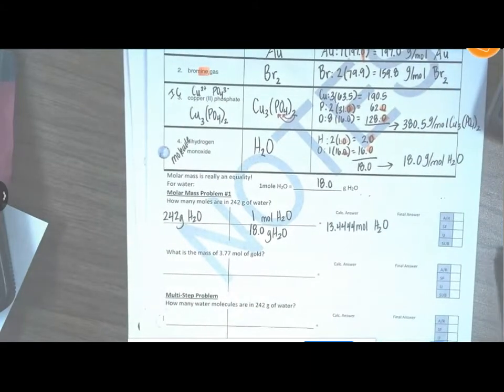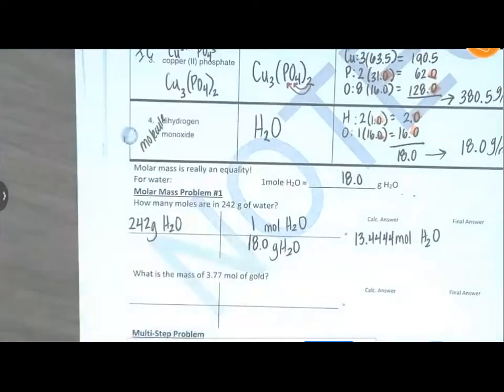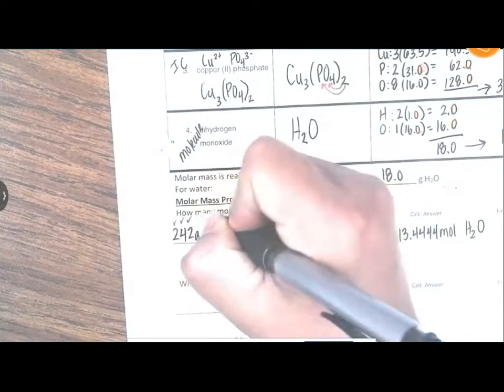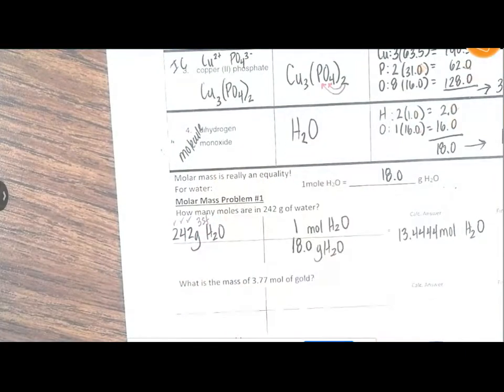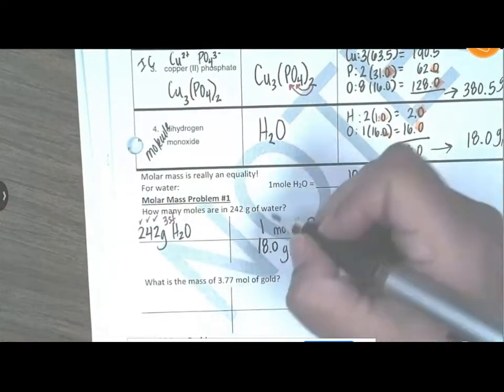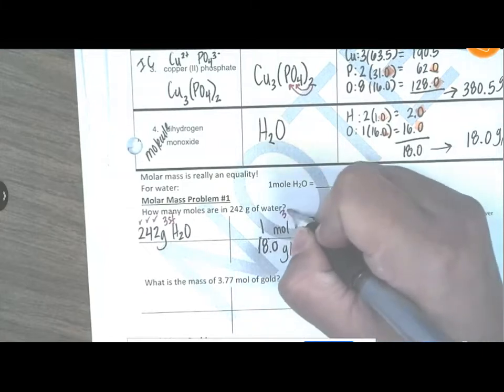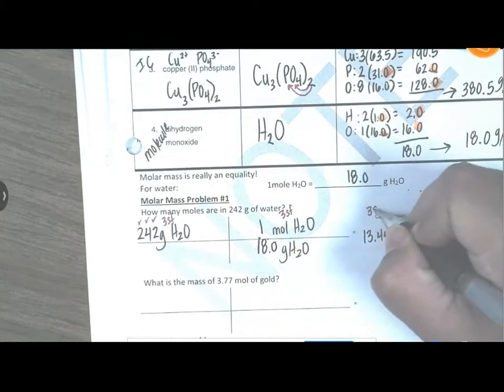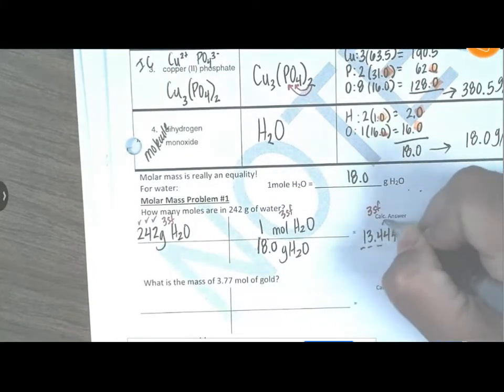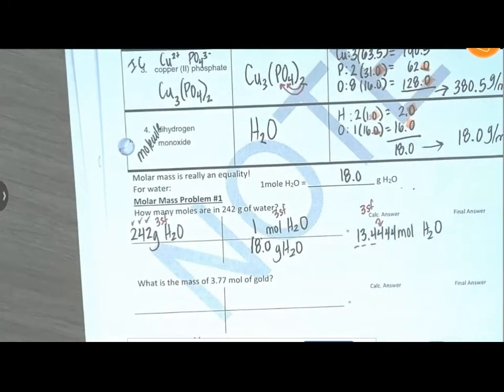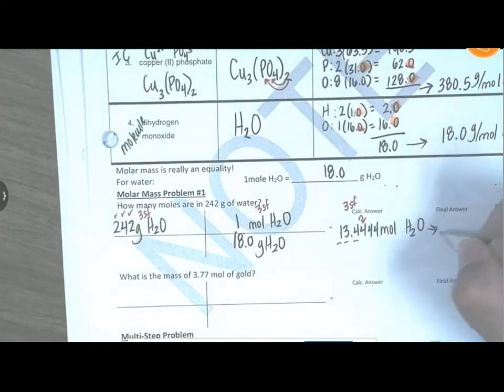But I can check my sig figs. So this is 3 sig figs, and this is 3 sig figs. So I'm going to have 3 sig figs. 1, 2, 3, look to the neighbor. My final answer is 13.4 moles of H2O.